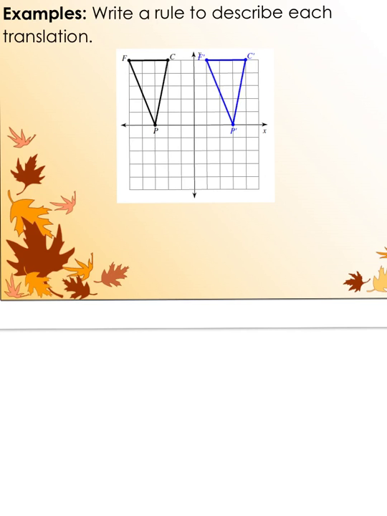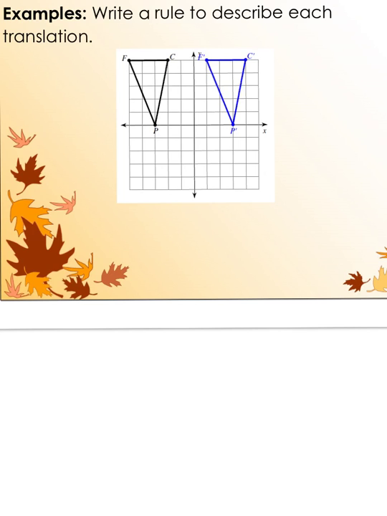All right, now that everyone's ready, we're going to take a look at writing a rule for these. I would say the biggest mistake that students make is they start with the wrong shape. If we take a look, these are both triangles, but one is the original figure, one is the image.